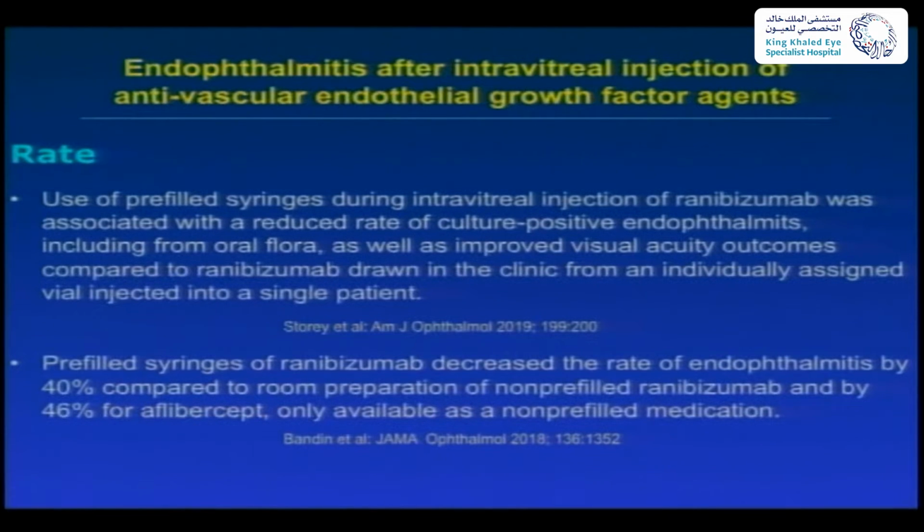So several studies showed that the use of pre-filled syringes during intravitreal injection of ranibizumab, because ranibizumab more recently became available as a pre-filled syringe, was associated with reduced rate of culture positive endophthalmitis, including that from the oral flora, as well as improved visual acuity outcomes compared to ranibizumab drawn in the clinic from the bottle.